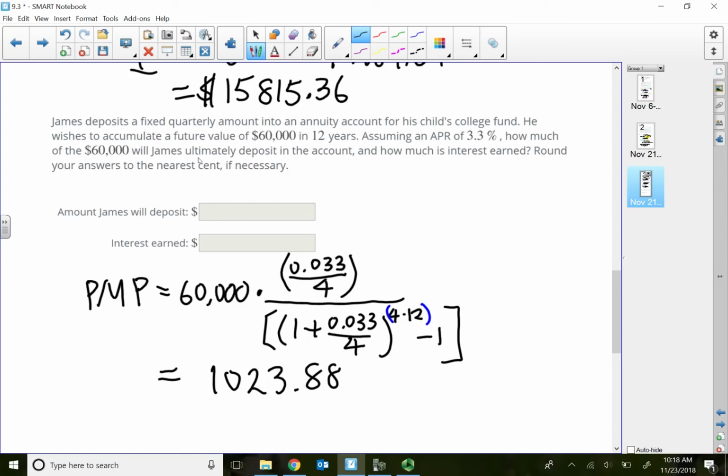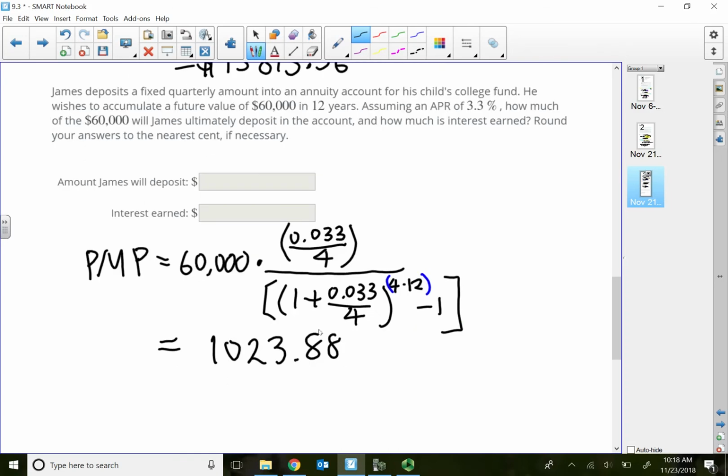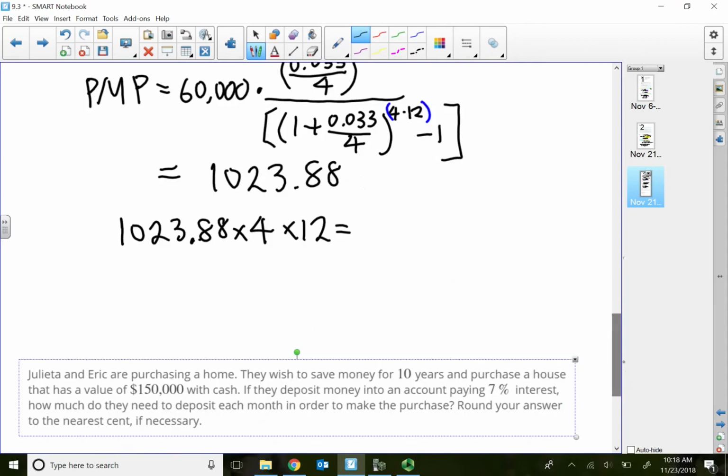So the question is asking how much money James will ultimately deposit. So this is $1,023.88 every quarter. Quarter is 4 times in a year, and I'm going to do this for the next 12 years. So that will tell me how much money I deposit.